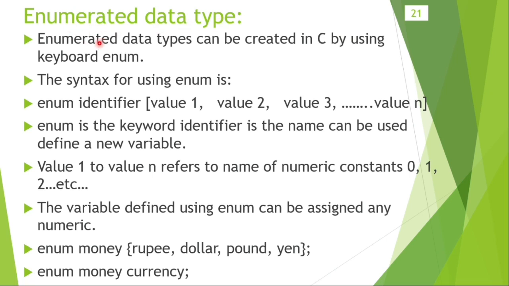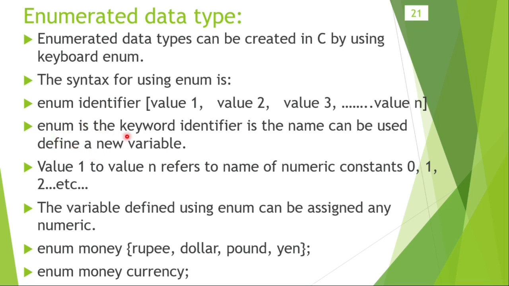Enumerated data type. Enumerated data types can be created in C by using the keyword enum. So before the identifier, instead of some data type we will use enum as a data type. The syntax for this is enum identifier, in square brackets value 1 to value n, square bracket close.